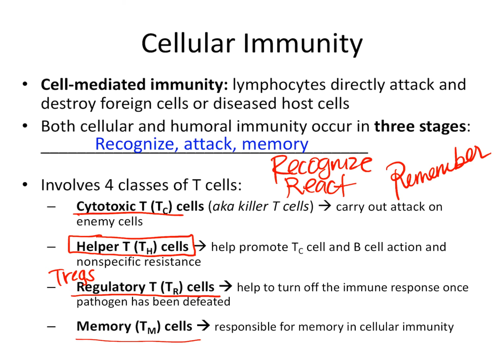This is very important because you don't want the immune response to carry on after the pathogen has been defeated, because it could damage your own body tissues and cells. Finally, our memory cells are responsible for maintaining the memory of this specific pathogen, allowing us to defeat it more quickly if we encounter it again in the future.